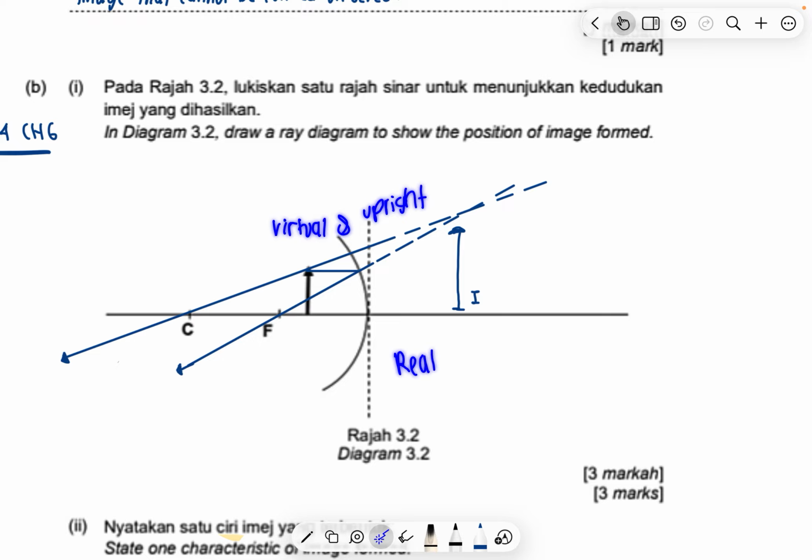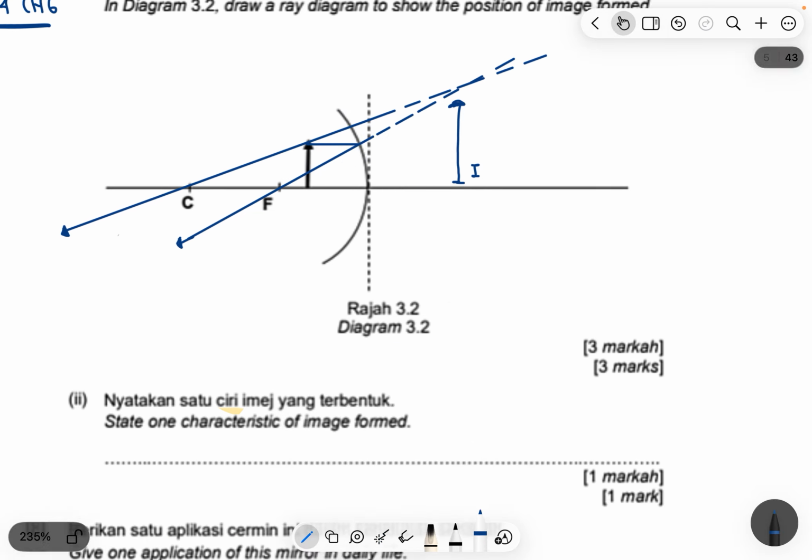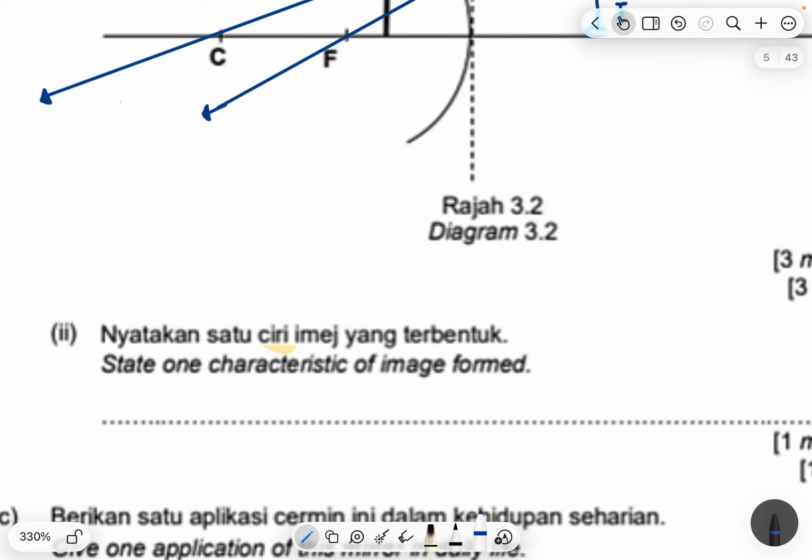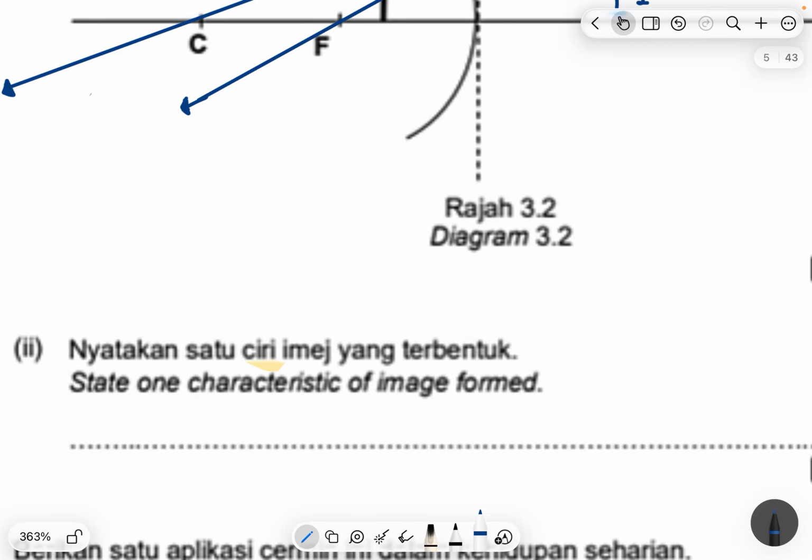Okay, and then this one, the opposite, it's real and inverted. And this one, logic, you can see already the image compared to the object. So this one, obviously, it's magnified. So you can choose either virtual, upright, or magnified.